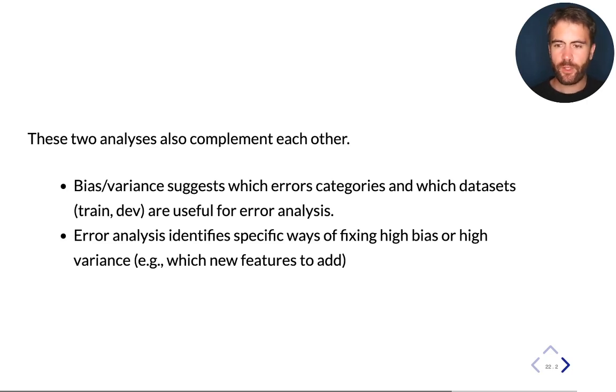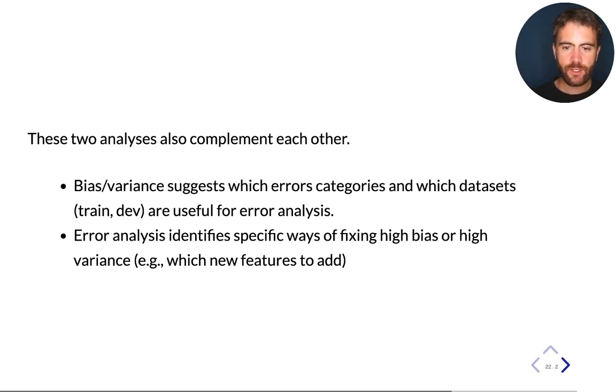So for example, if we have high bias, then it will be useful to perform error analysis on the training set. And if we have great performance on our training set, then maybe this is not useful.